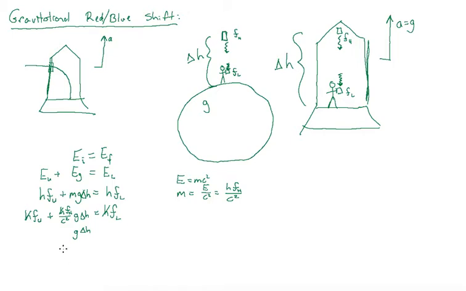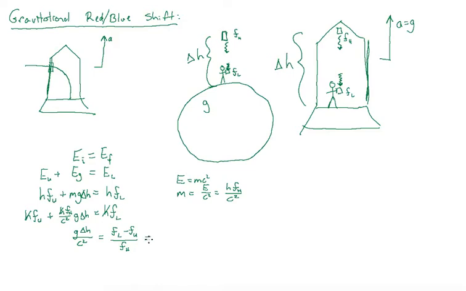So g delta h over c squared equals, now this will be FL minus FU, so FL minus FU over F high. So now we just have all the frequencies on this side, and this works pretty well. This kind of just becomes final minus initial.